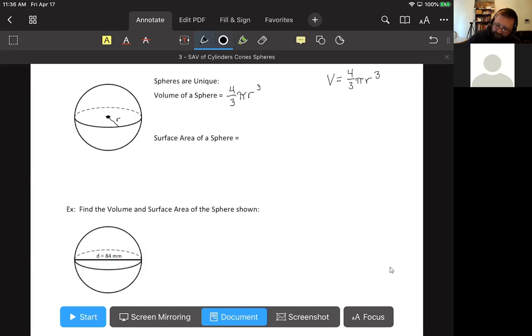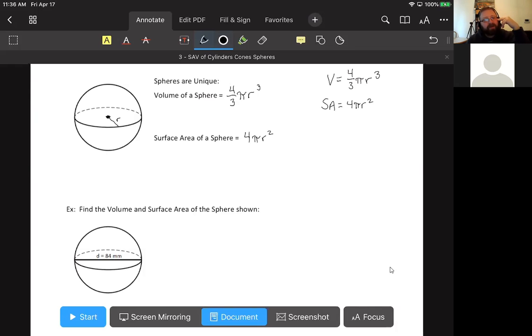And the surface area of any sphere is equal to 4 times pi r squared. So all we have to do there is take 4 times pi r squared. And again, I wish that there was an easy way for me to give you the same experience with spheres that we would have had in the classroom, but there just really isn't.